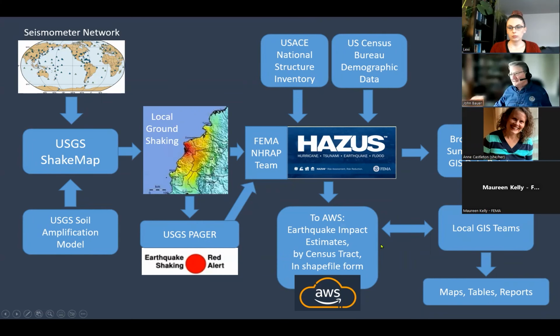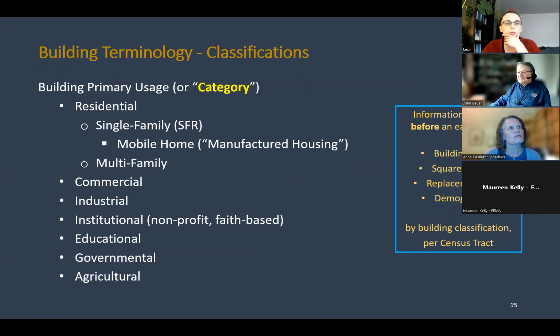To get a little more background on this HAZUS, we are going to, first of all, talk about classifications. This is the HAZUS classification of the world into these 7 general categories. This kind of information is available at that census tract level prior to an earthquake, and that may be interesting for you. You can get that information before the earthquake.